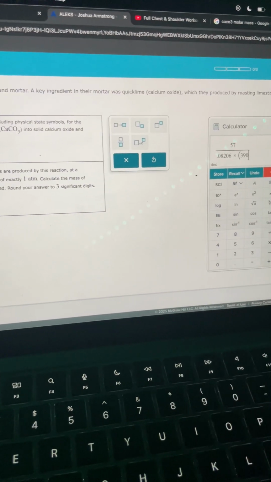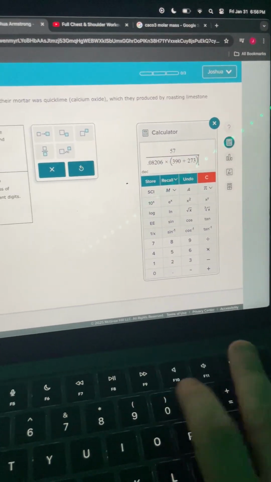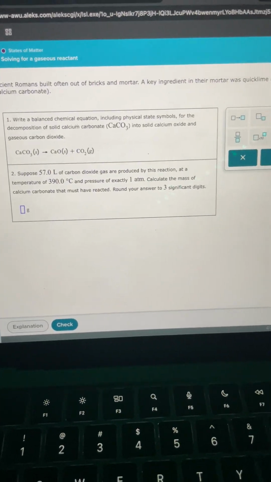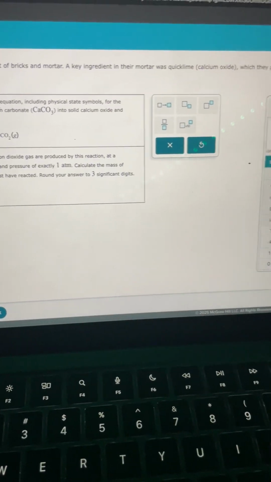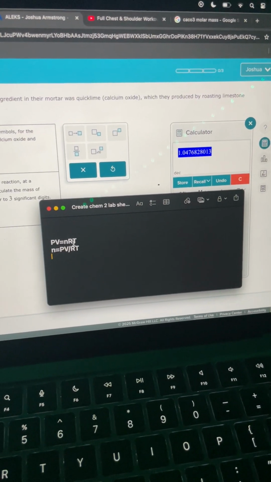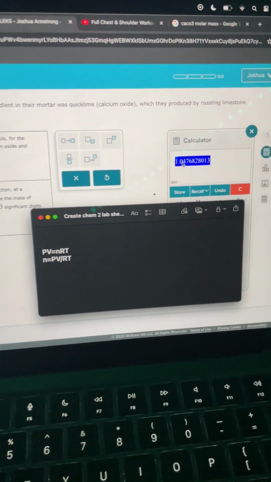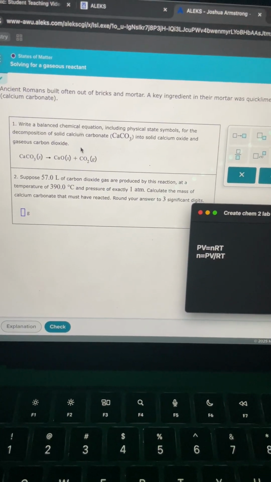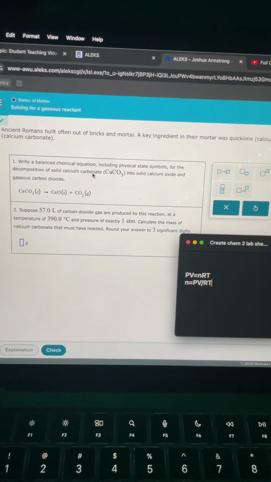So 390 is in Celsius, so we want to convert that to Kelvin. 273.15, but I guess we don't use that. And then yeah, so you get this number, which you got from manipulating the ideal gas law equation. This is the number of moles of carbon dioxide, and since the ratio is 1 to 1, this is also the number of moles for calcium carbonate.